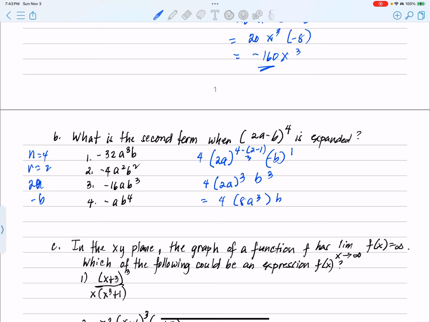B is not b to the third, it's b. So that would be 32. This is negative b, so negative 32a to the third b. And that is number 1 right there.